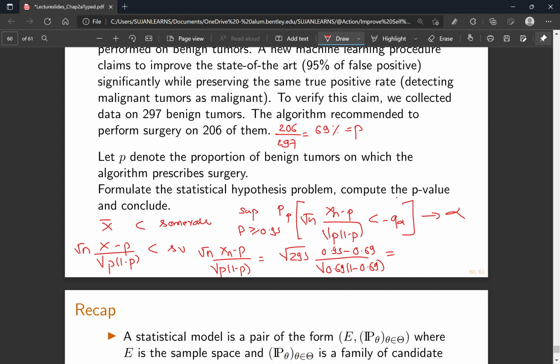Now what we need is 1 minus 0.69, and then multiply this by 0.69. And we need to take a square root of this, which is 0.46.